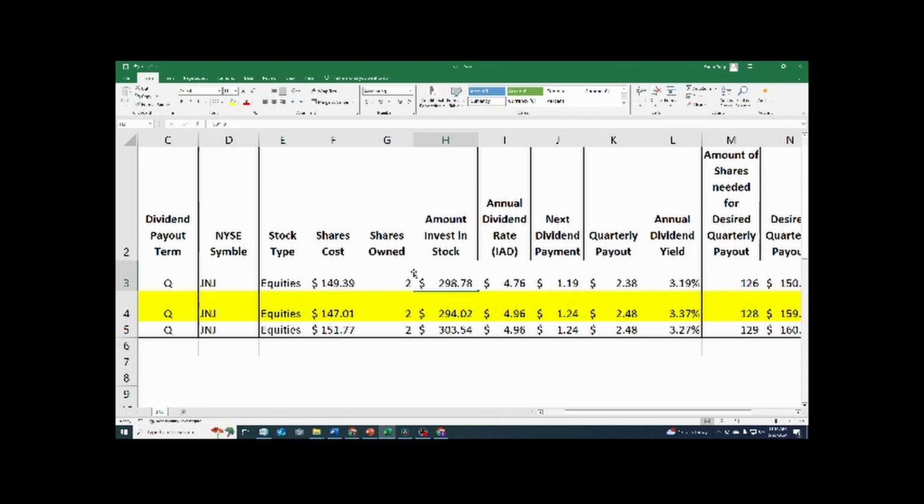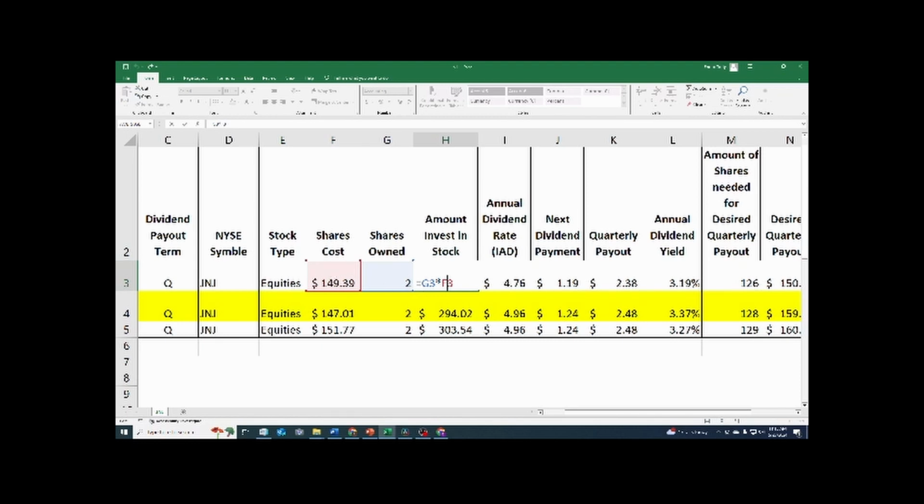So here's the formula here. You probably can't see it, but let me highlight it. So here's the formula to find out the amount we've invested in the stock: how many shares of stock we own, times the dollar amount. This is G3, this cell here, and it's indicated in the color blue, times, that's the multiplication sign, F3, which is the dollar amount of the share.